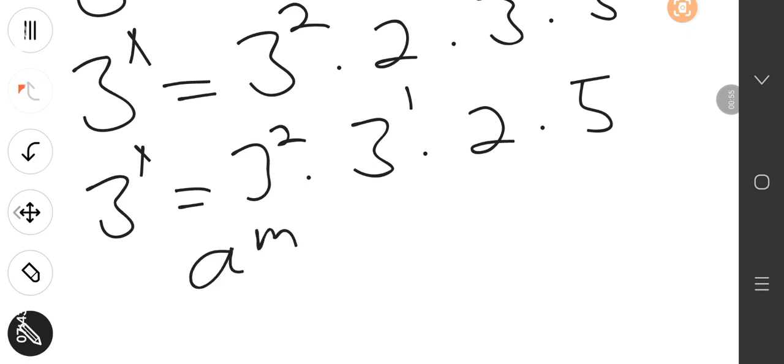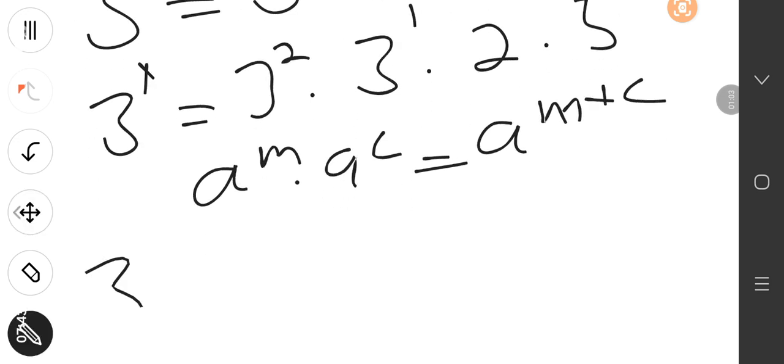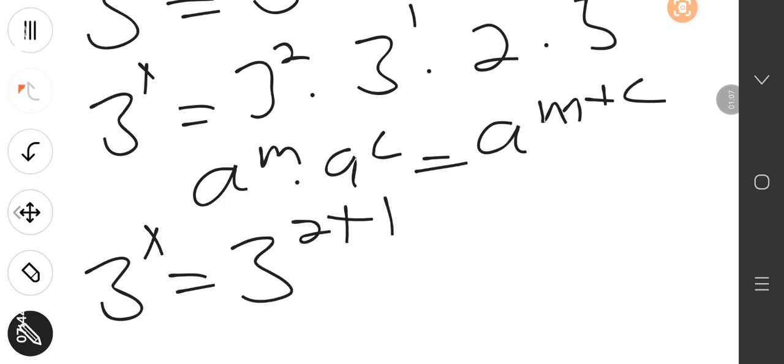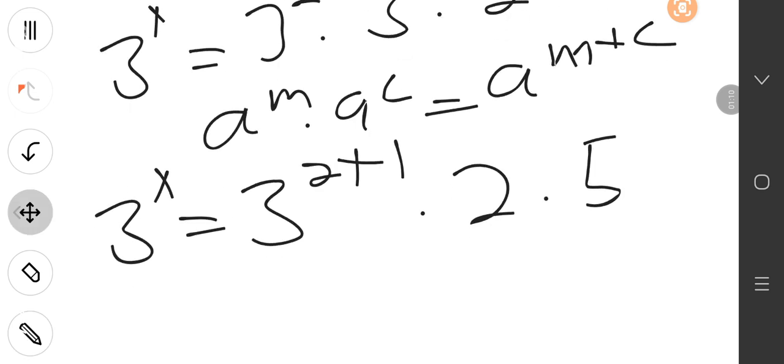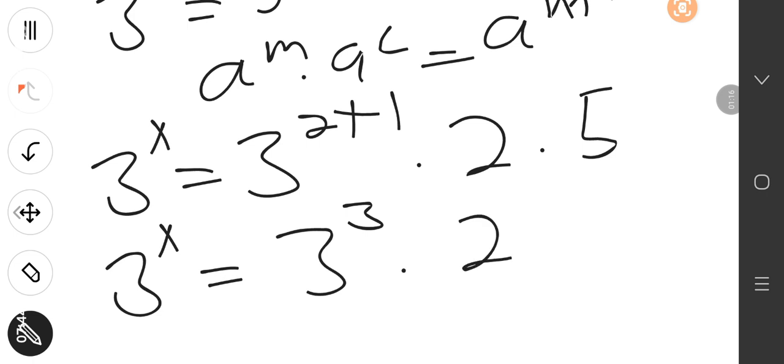So a^m times a^c should give us a^(m+c). So you're going to have 3^x equals 3^(2+1) times 2 times 5. So you're going to have 3^x equals 3^3 times 2 times 5.